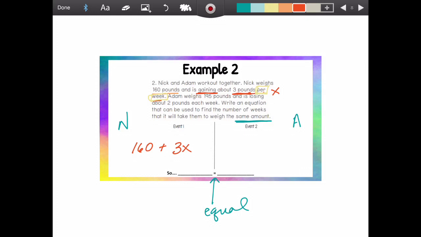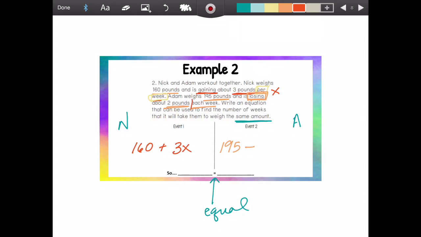Okay, Adam, it says that he weighs 195 pounds. All right. And then it says he's losing. So if, again, you're wanting to choose an operation for this term losing, hopefully you chose subtraction. And it says about 2 pounds each week.